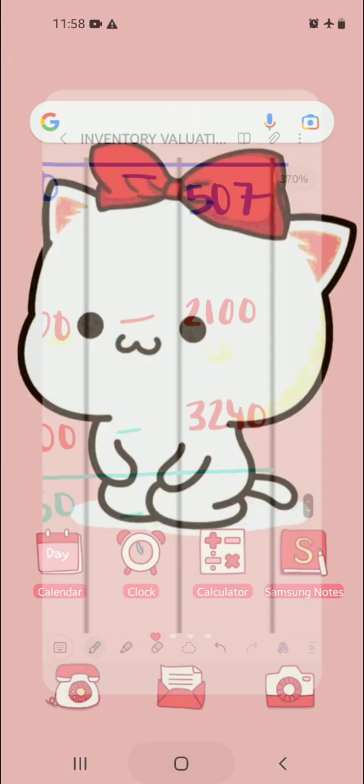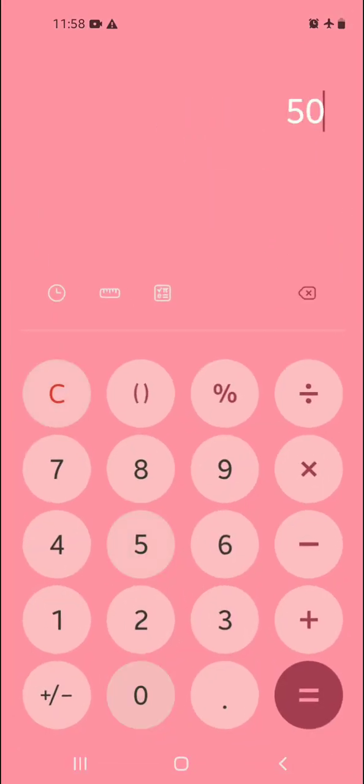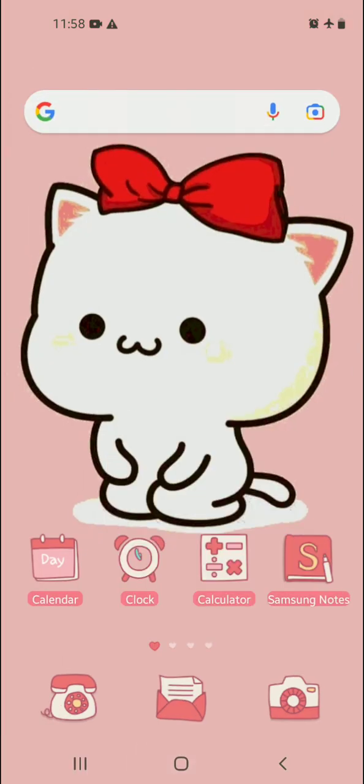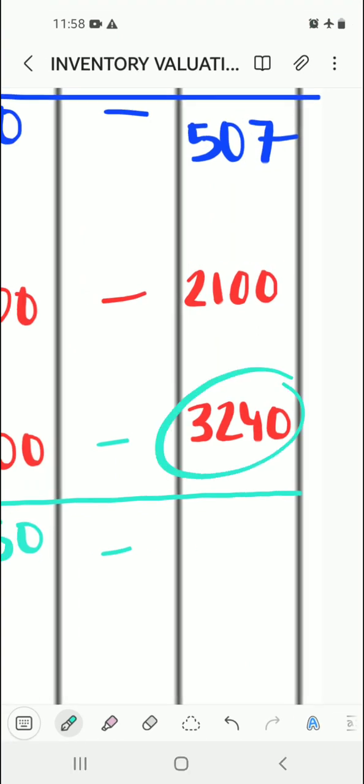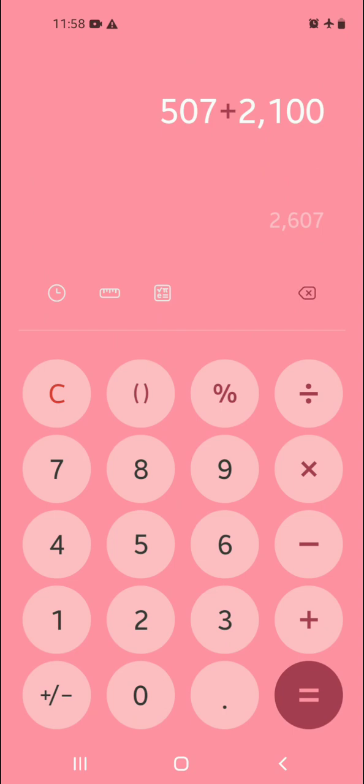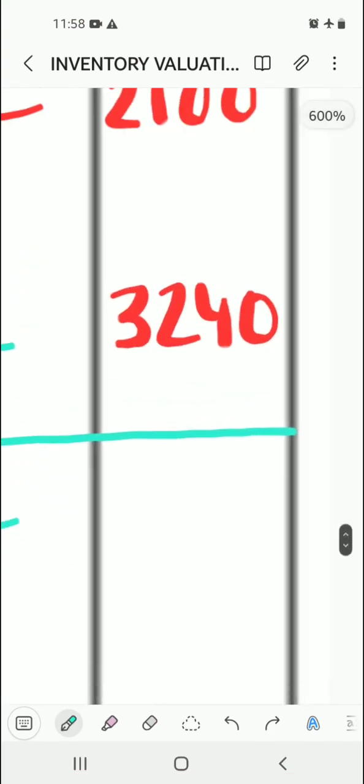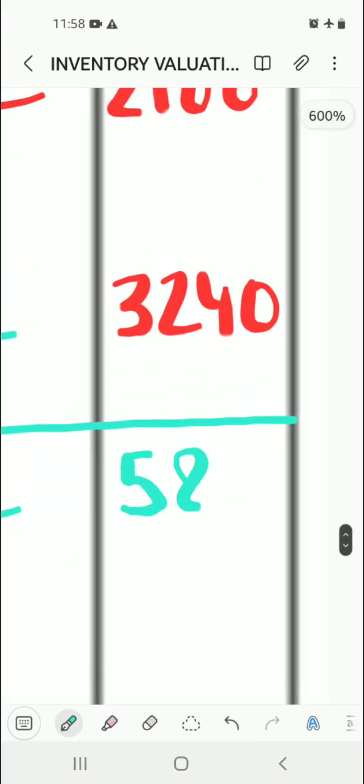So let's do it. 507 plus 2100 plus 3240, that is 5847. So over here we are going to write 5847.